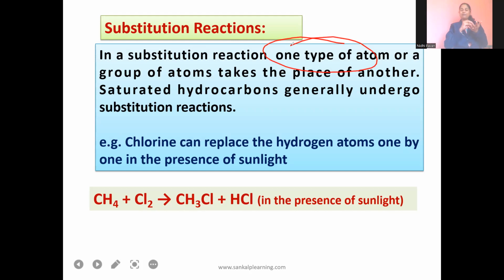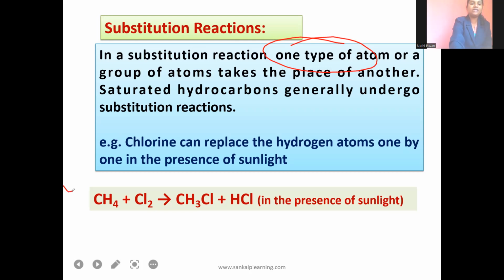Usually saturated hydrocarbons undergo substitution reaction. Here you can see chlorine, a very strong halogen. It has a capacity to take the place of hydrogen atoms in the presence of sunlight.